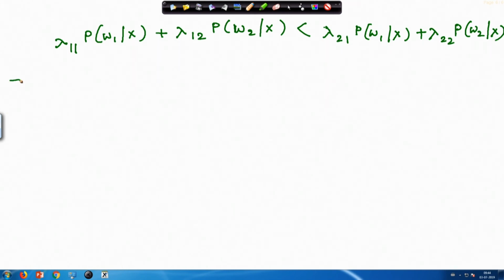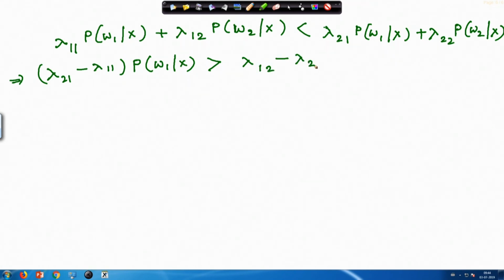So, which we have rewritten in the form (lambda 2 1 minus lambda 1 1) p of omega 1 given x has to be greater than (lambda 1 2 minus lambda 2 2) into p of omega 2 given x. So, this is the condition that has to be satisfied for taking a decision in favor of class omega 1 or for taking action alpha 1.